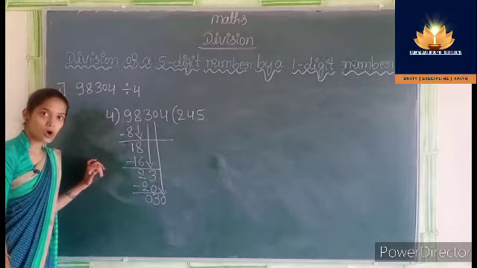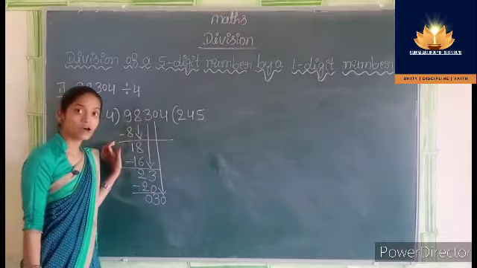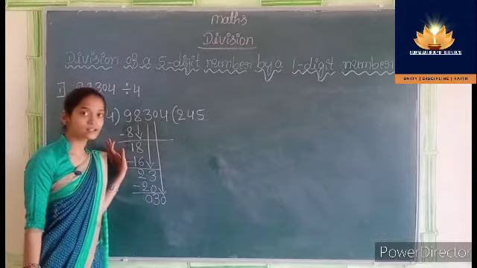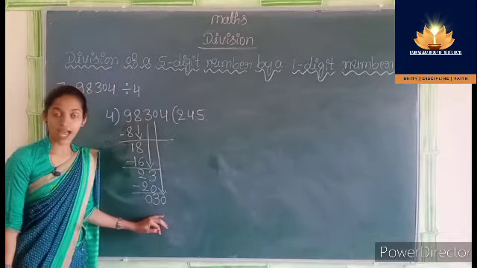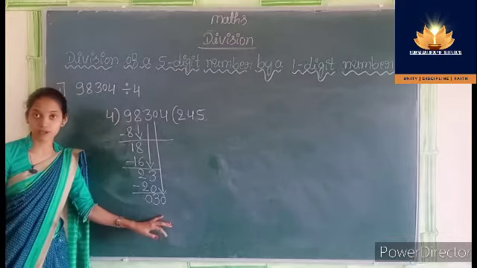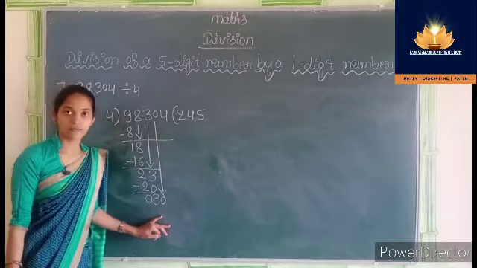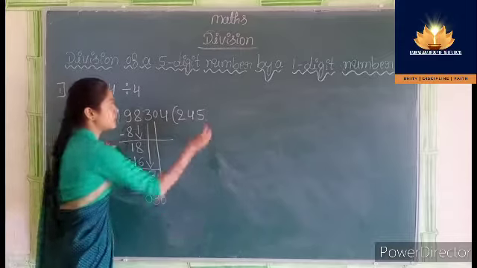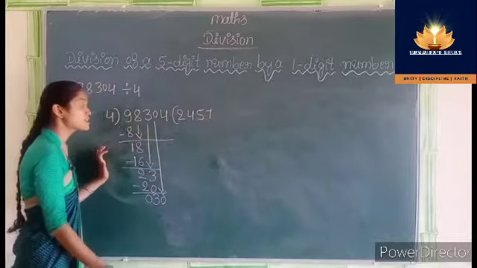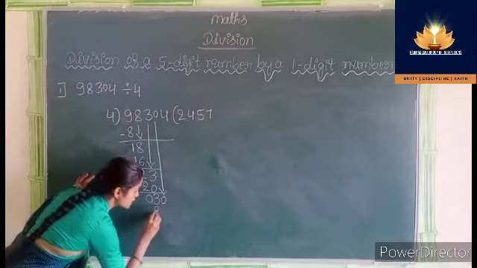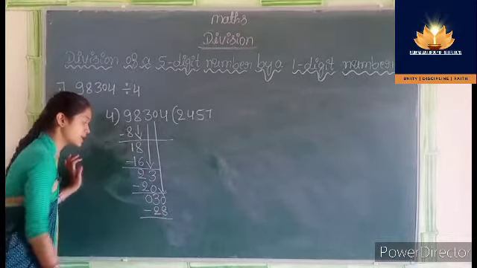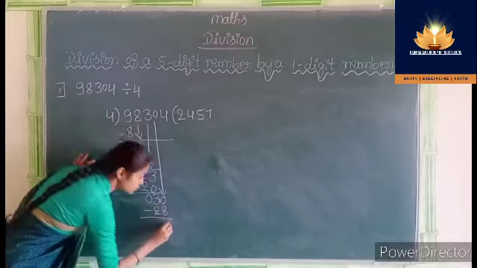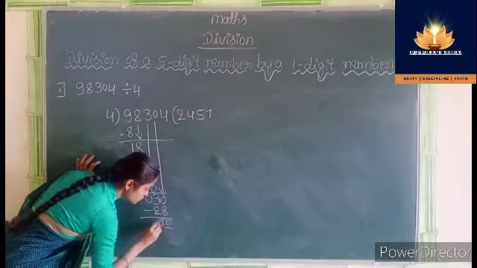4 sevens are 28, 4 eights are 32. 32 is greater than this 30. That's why we have to consider 4 sevens are 28. 7 should be written in the quotient place. Then write 28 below this 30. Subtract 28 from this 30. 10 minus 8, 2. 2 minus 2, 0.